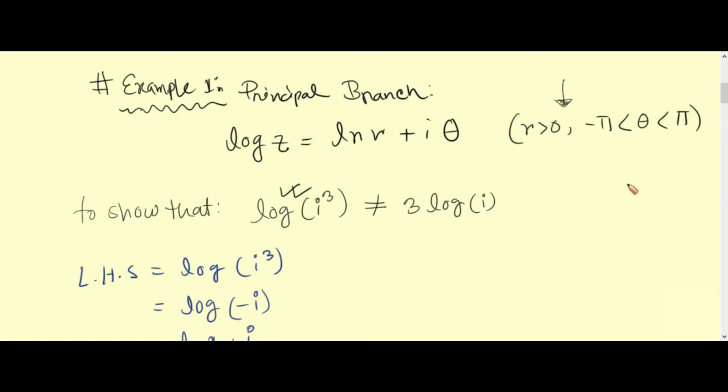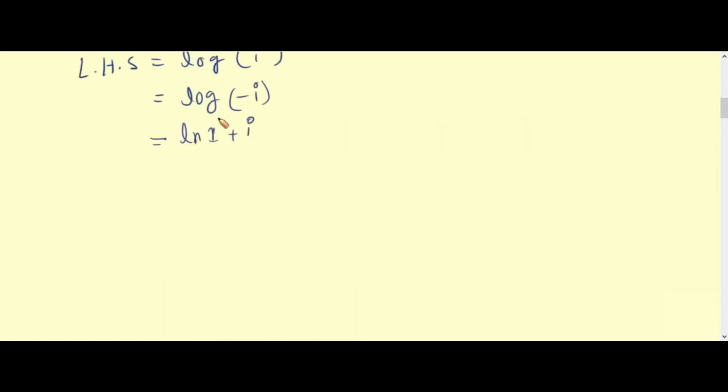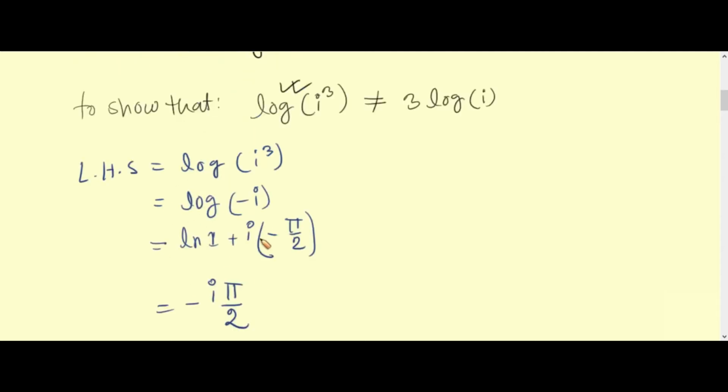We just have to take the principal value, that is the case that will correspond to n equals 0 that you saw in your past theory lectures. So if you just do that, for minus i, the principal argument is just minus pi by 2, right? Okay, ln 1 is 0, so that is 0 over here, and the final result is i pi by 2, and there is a minus in front. So this is our left hand side.